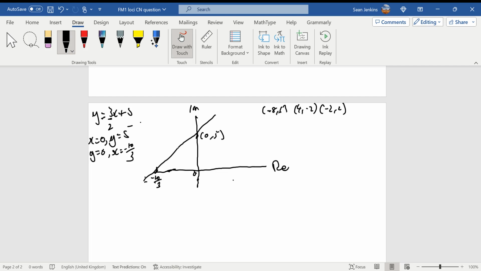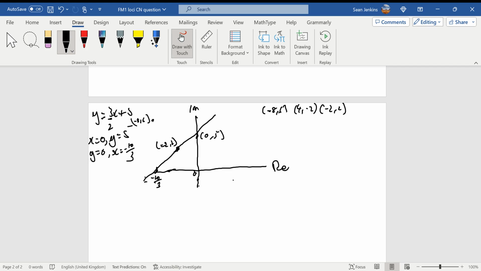So let's have (-2, 2) here, about here, our midpoint, and we call that (-2, 2). And we've got (-8, 6) somewhere here, because we want to bisect it.